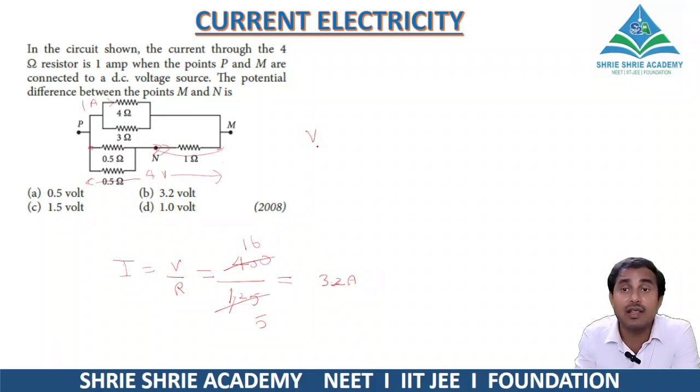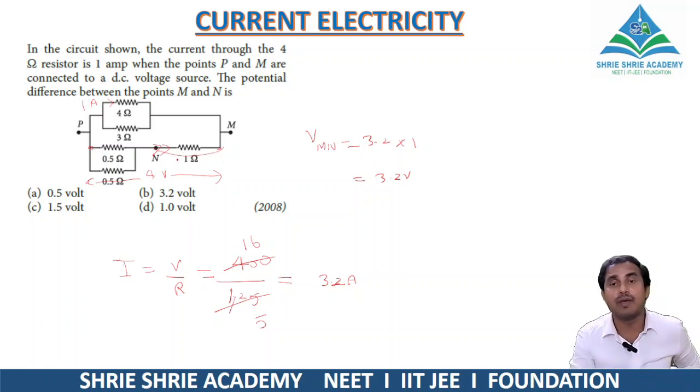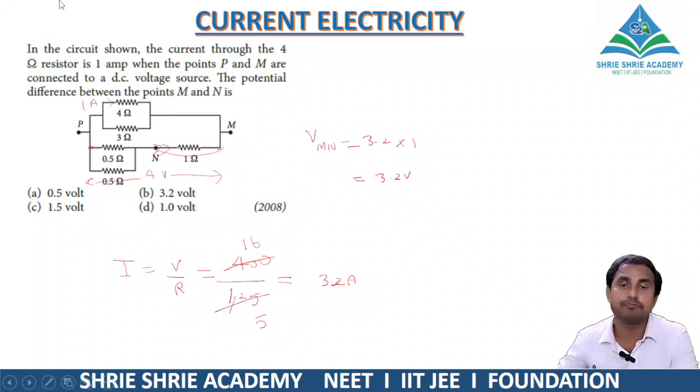The voltage across M and N is the current we got, 3.2, into the resistance, 1, so you get 3.2. So the current is 3.2 ampere, and the resistance between M and N is only 1, right? So we can get the answer, 3.2 volt.